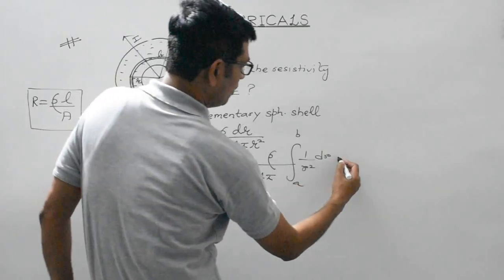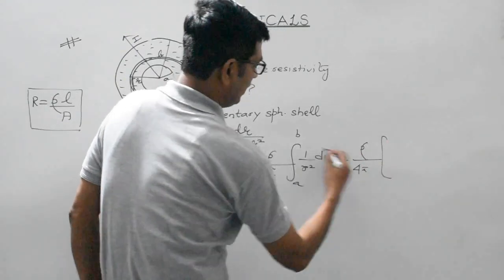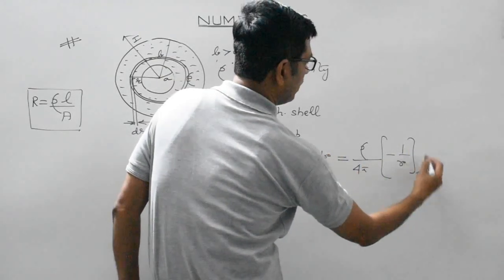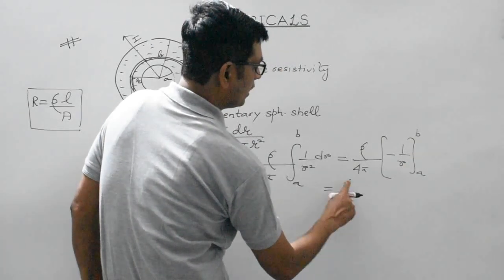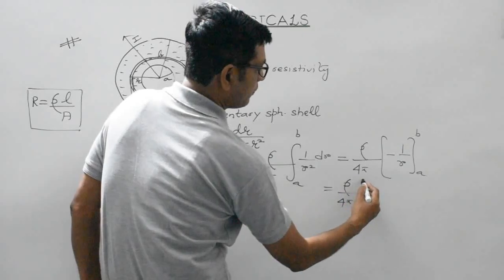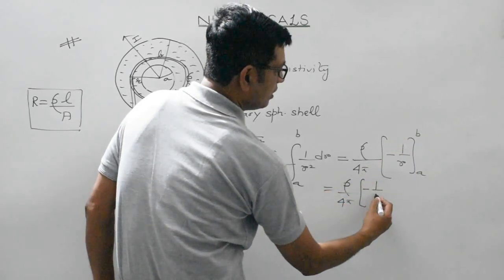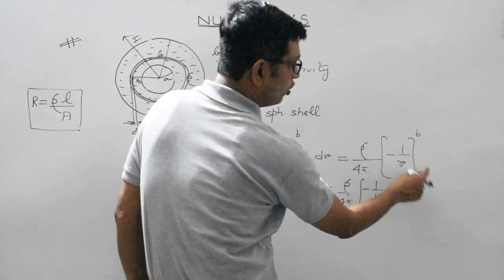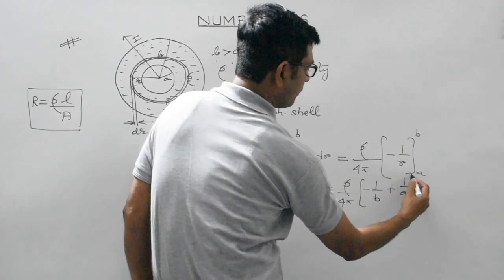So using that formula, what we get is rho divided by 4 pi times minus 1 by r from a to b. Upper limit minus lower limit. So we get minus 1 by b, in place of r write b, minus the lower limit, minus minus becomes plus 1 by a.